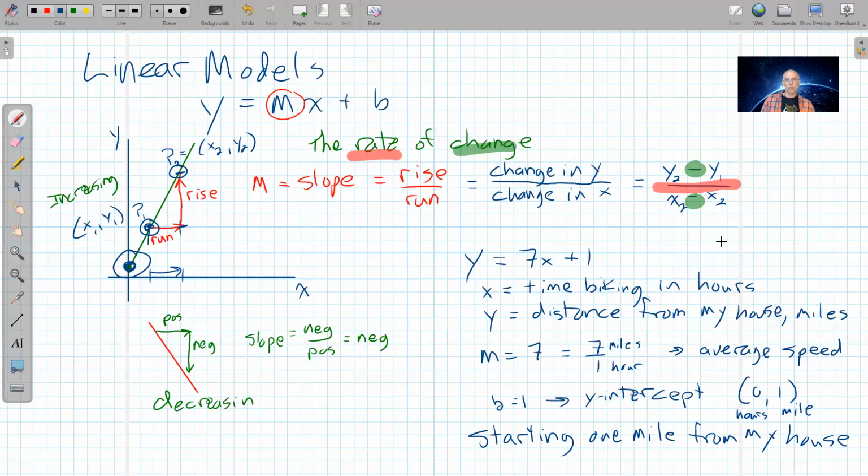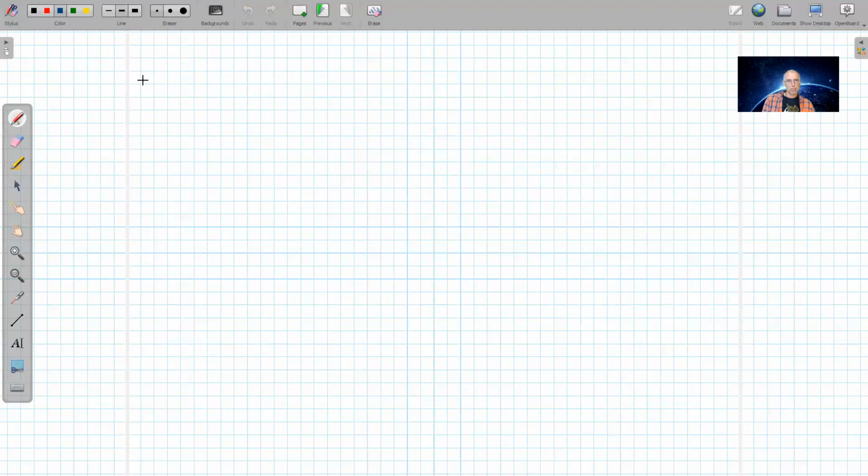So for example, let's get a new page. Maybe my first point is (1, 8). And my second point is, how about (3, 22).